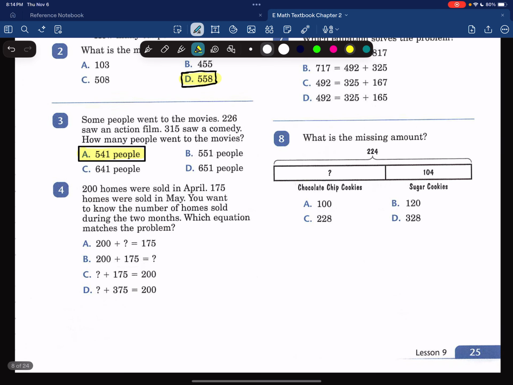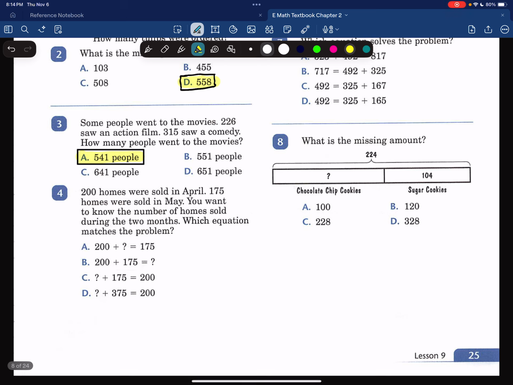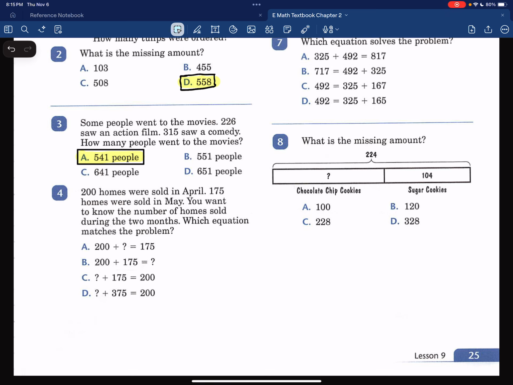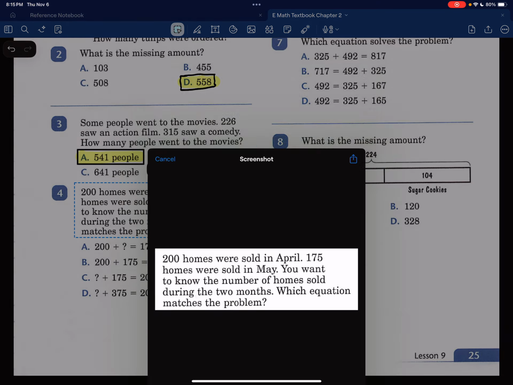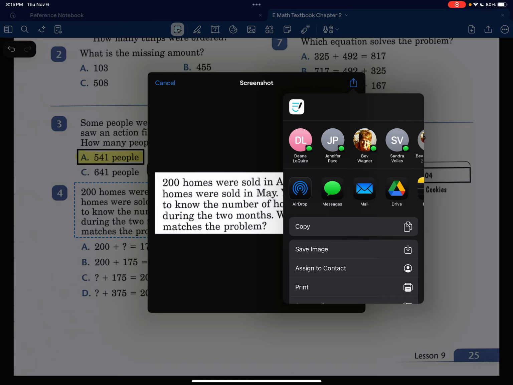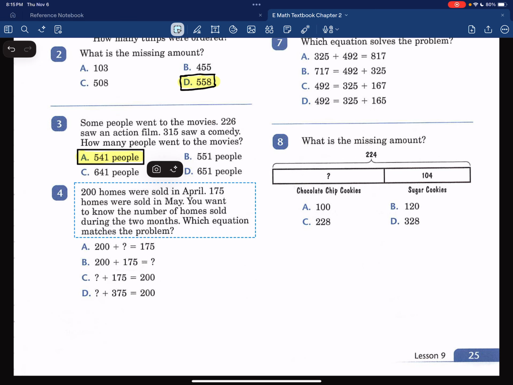Number 4. 200 homes were sold in April. 175 homes were sold in May. You want to know the number of homes sold during the 2 months.